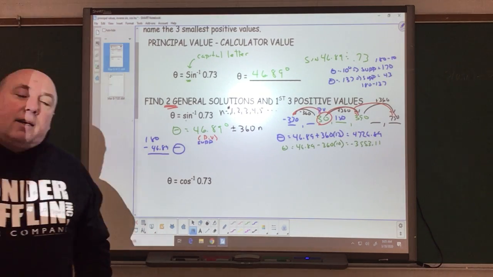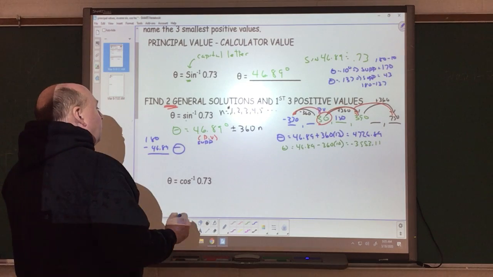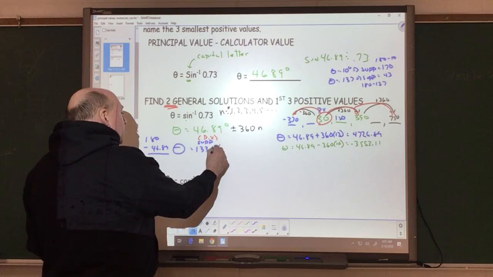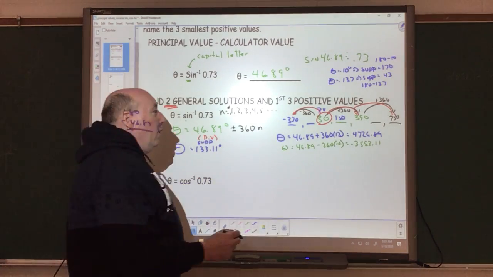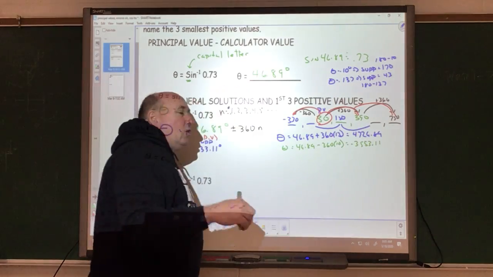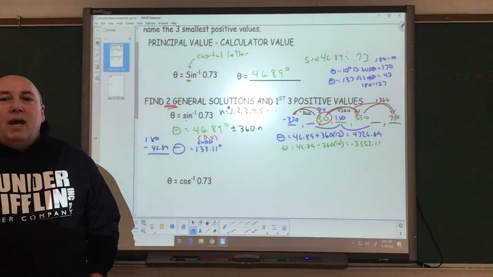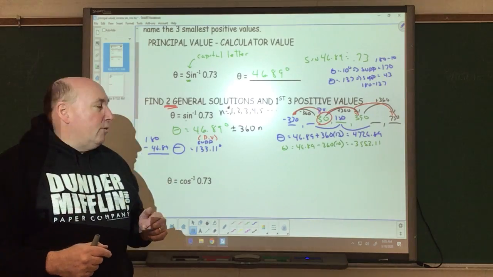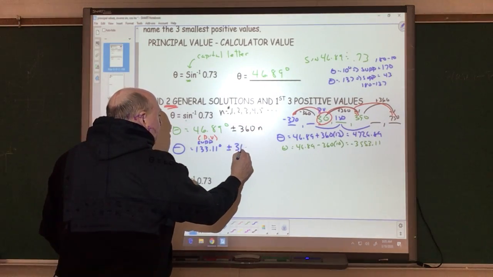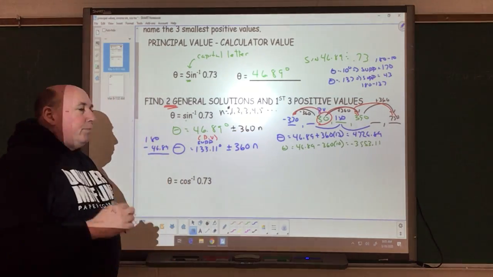And you're exactly correct. It is 133.11 degrees. That gives us this value here. And then once again, to go every other from that, we can add the period, which is 360 degrees. So we can add or subtract 360 n.